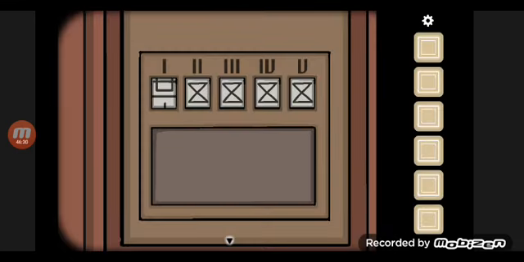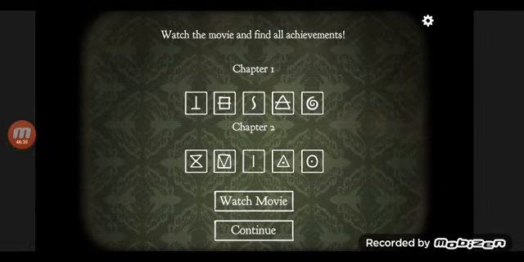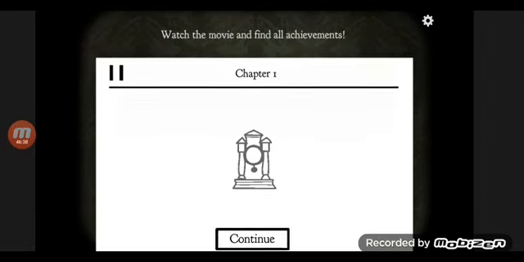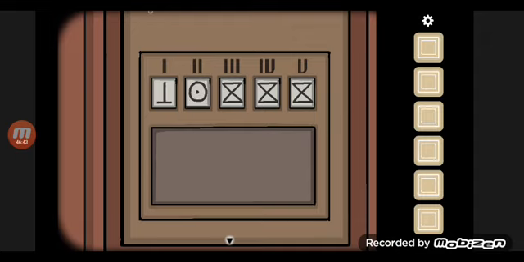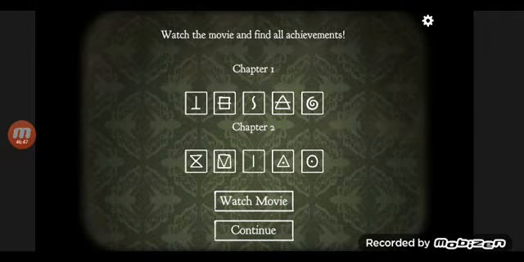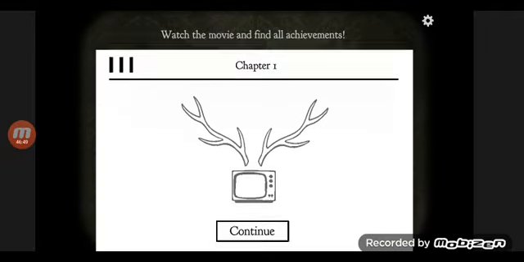So this is the first symbol here. Now this is the second one. This is the third one.